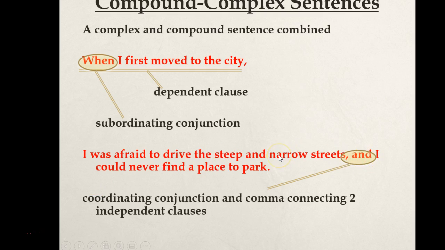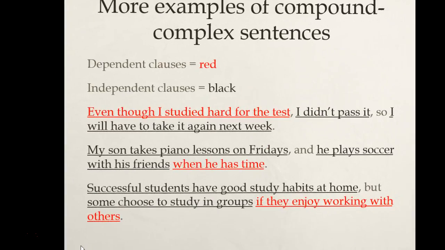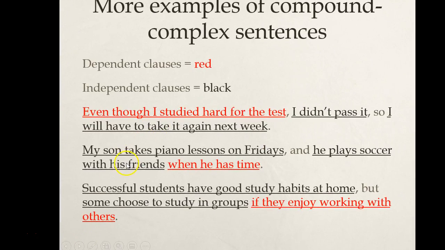These are both independent clauses because they do not start with a subordinating conjunction. I was afraid to drive the steep and narrow streets, and I could never find a place to park. So that one had a dependent clause and 2 independent clauses.